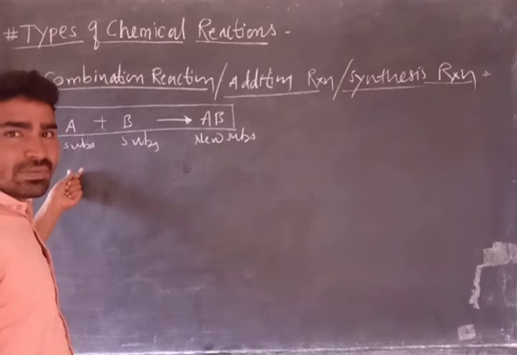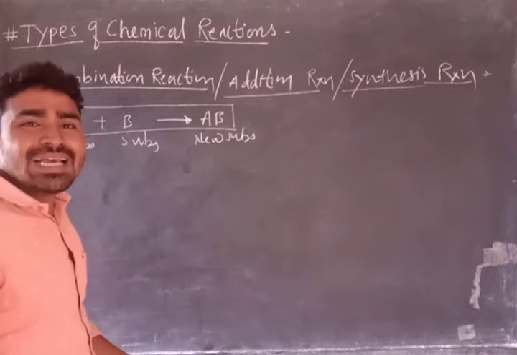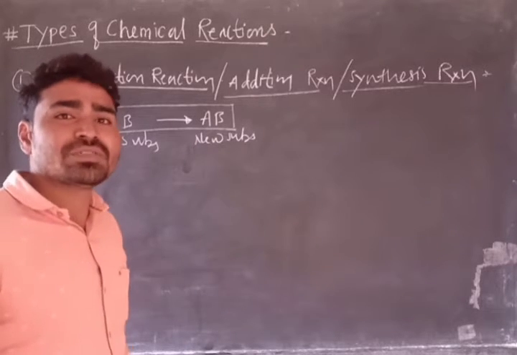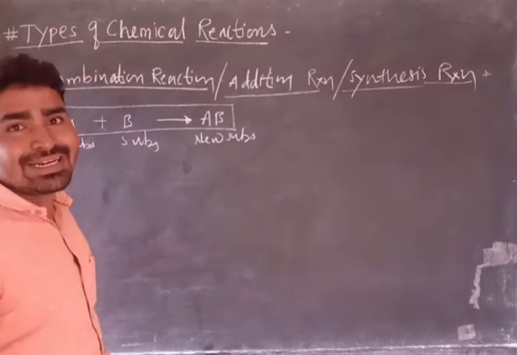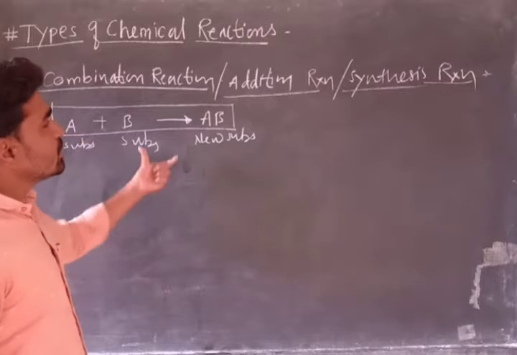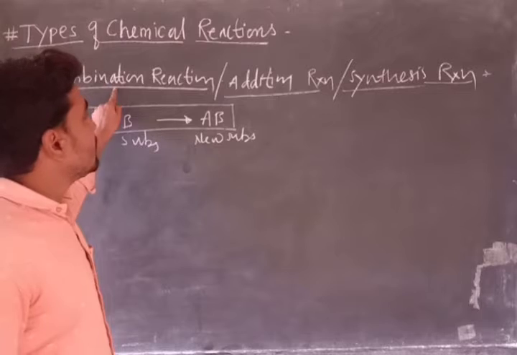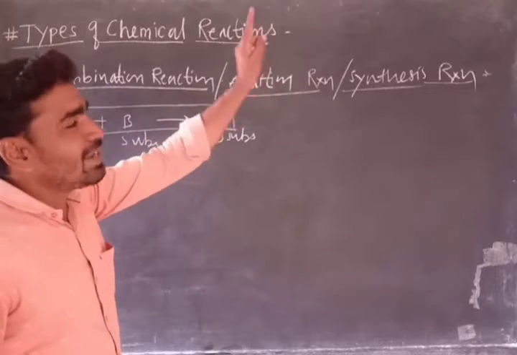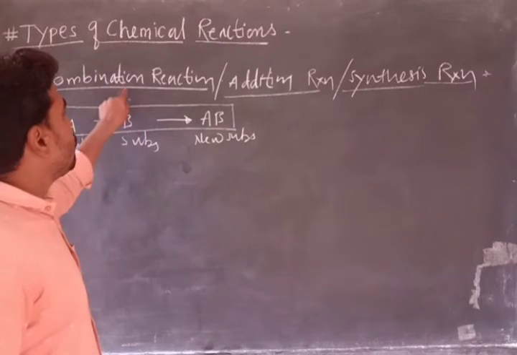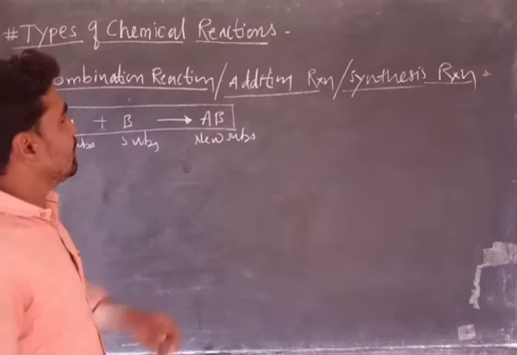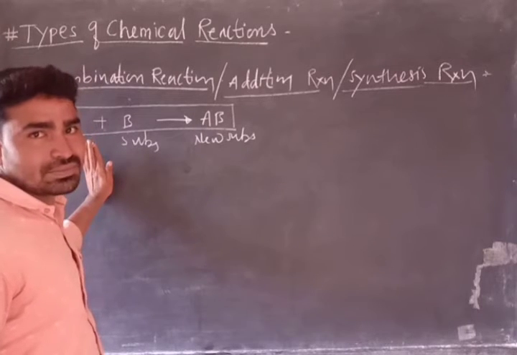Here A may have different properties, B may have different properties, but AB is a purely individual substance which shows different properties than A and B. Such a type of reaction is called the combination reaction or addition reaction or synthesis reaction. Why is this called a combination reaction or addition reaction? Because here the two substances are going to be added to each other.